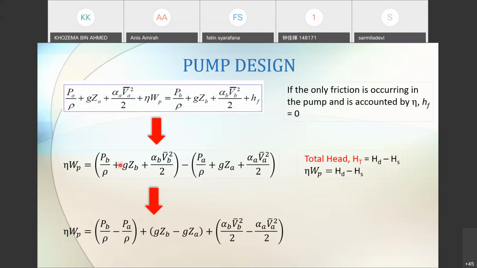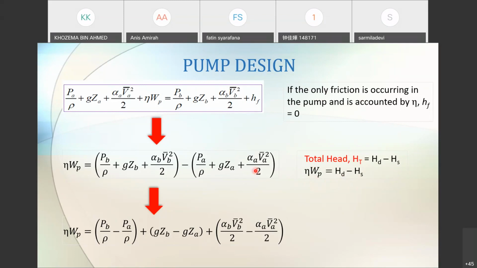So if you look at this equation, this term is the total discharge head, HD, and this term here is the total suction head, HS. So we can substitute: efficiency times work done by the pump is equal to HD minus HS. So we can say that HT is equal to efficiency times work done by the pump.